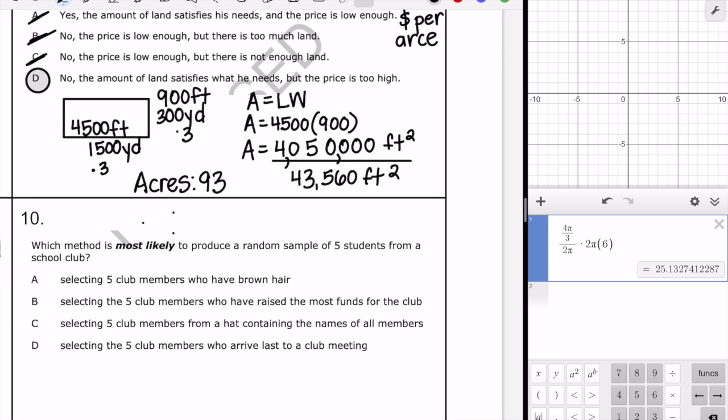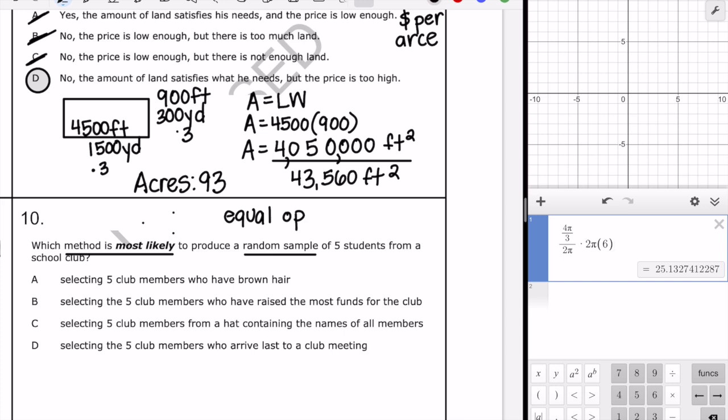All right, so the next one is a statistics question when it comes to talking about a random sample. It says, which method is most likely to produce a random sample of 5 students? To be a random sample means that there can be nothing causing anything to be alike. So a random sample means that whatever they're sampling, everything has an equal opportunity to be chosen.